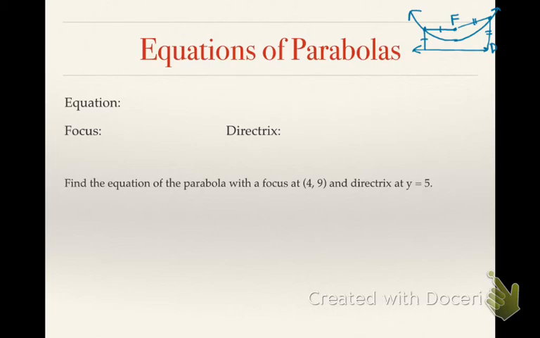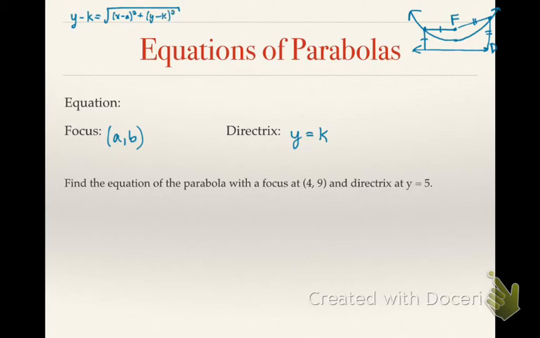Now, if you have a focus located at the point (a, b) and a directrix located at y equals, let's say, k, then the distance from a point on the parabola to the directrix is going to be y minus k, and the distance between the point (a, b) and a point (x, y) on the parabola is going to be the square root of (x minus a) squared plus (y minus b) squared, using the distance formula.